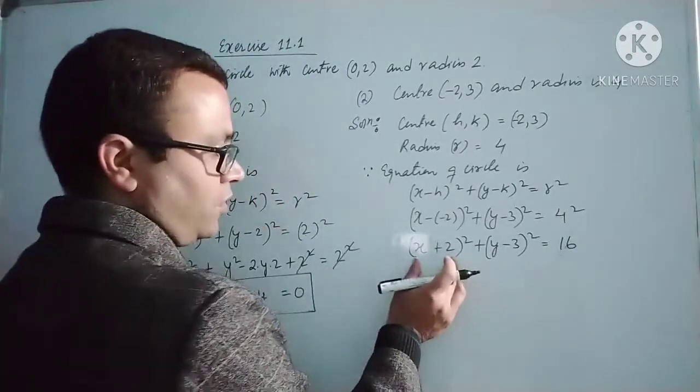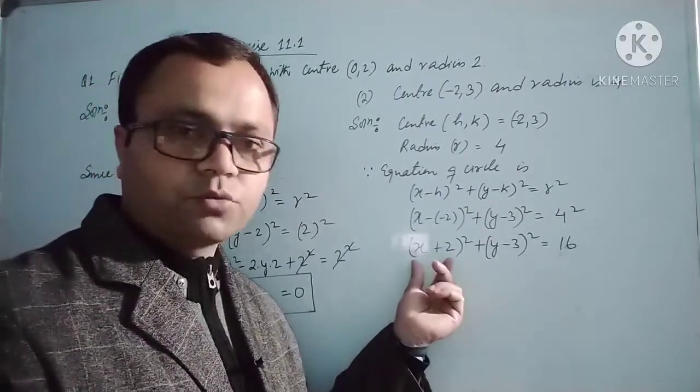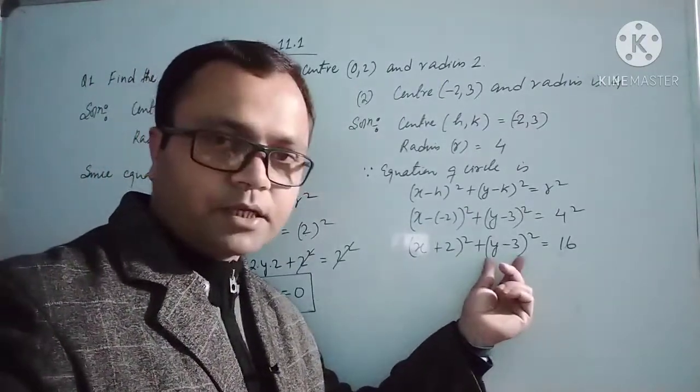Now it is in the form of (a + b)² and (a - b)².